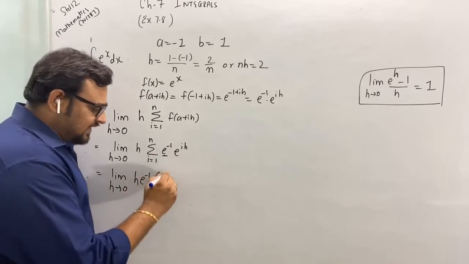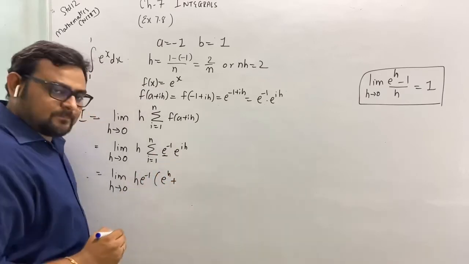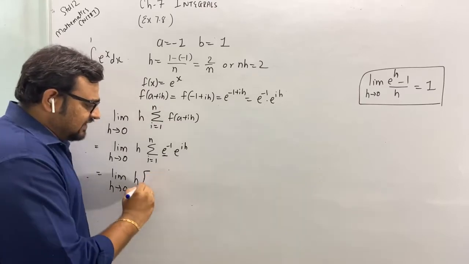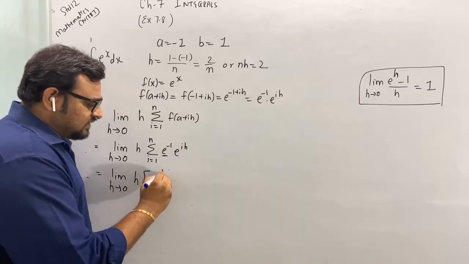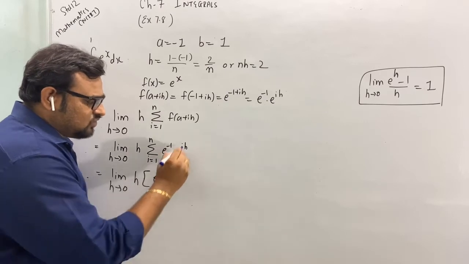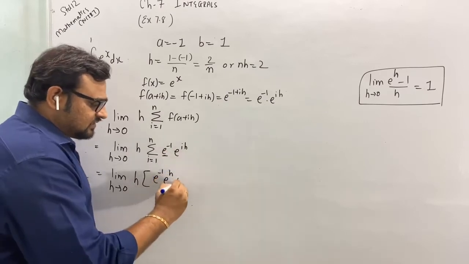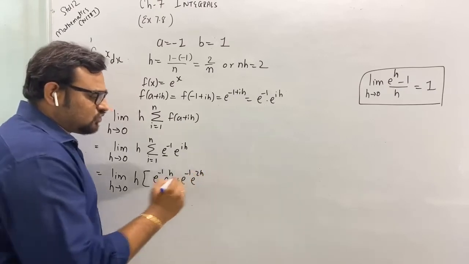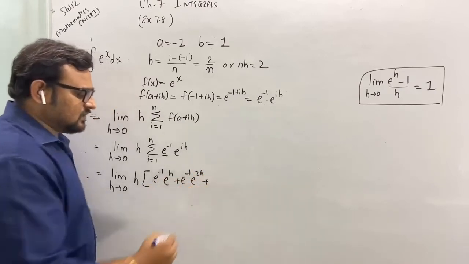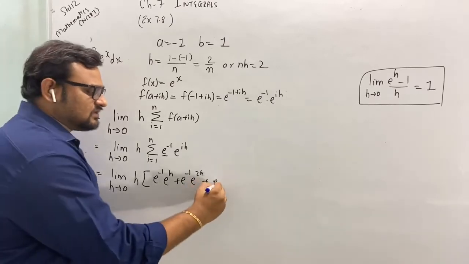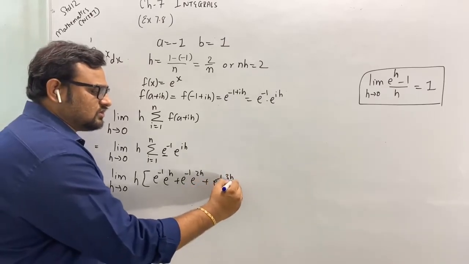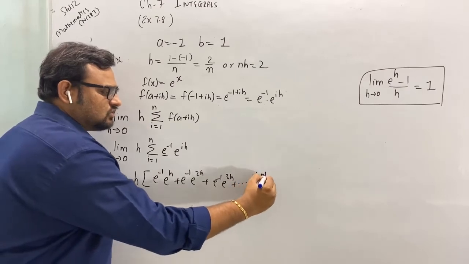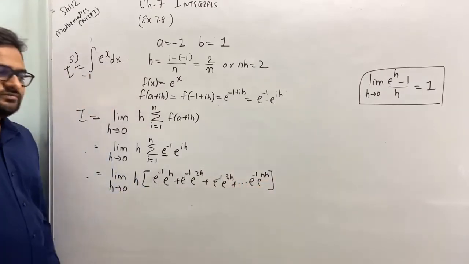Let me write it down this way: e raised to minus 1 into e raised to 1h, plus e raised to minus 1 into e raised to 2h, plus e raised to minus 1 into e raised to 3h, up to e raised to minus 1 into e raised to nh.